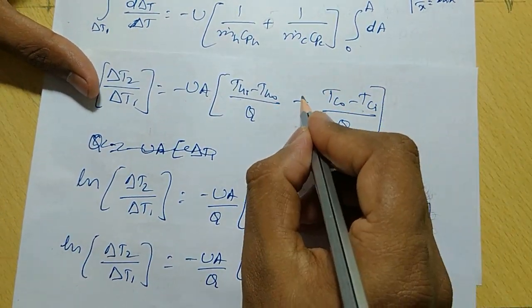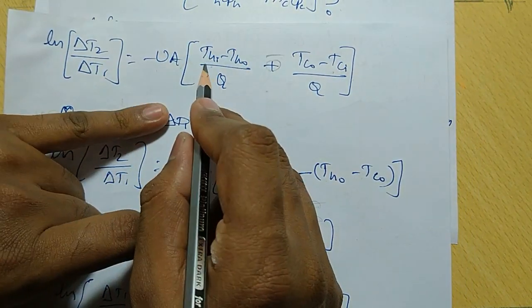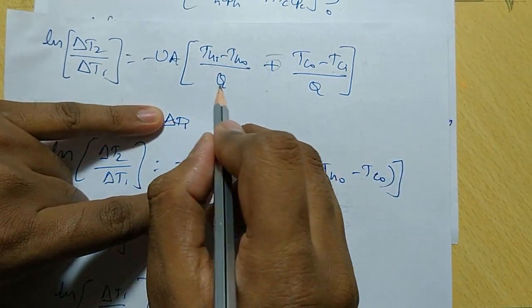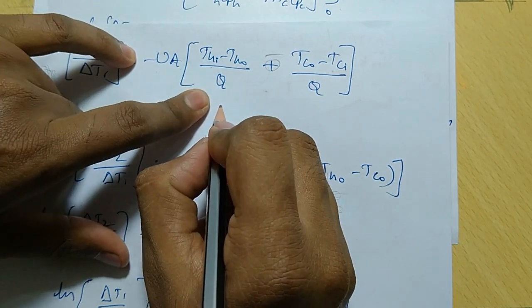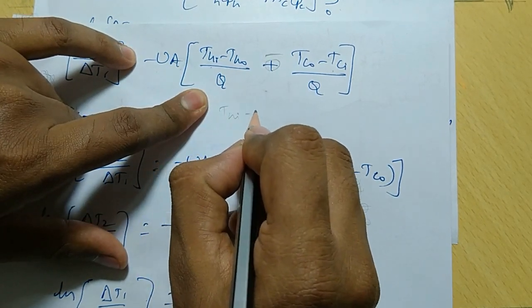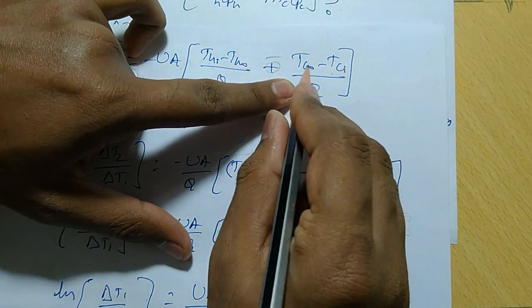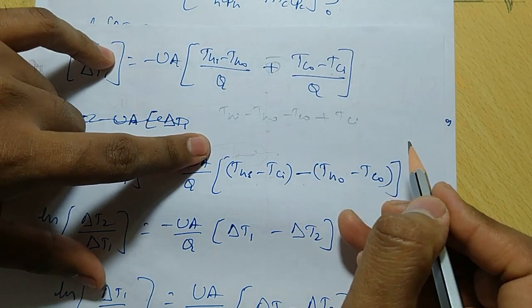What will happen? This becomes negative. When it comes here, I will write only this part. I will take Q as the common factor. The terms left are THI minus TH naught, minus into TC naught, minus into minus plus TCI.